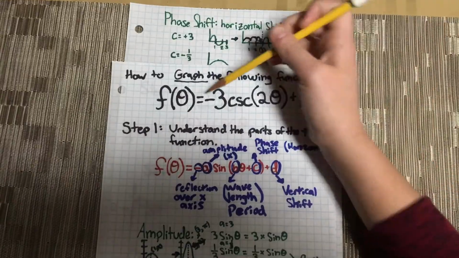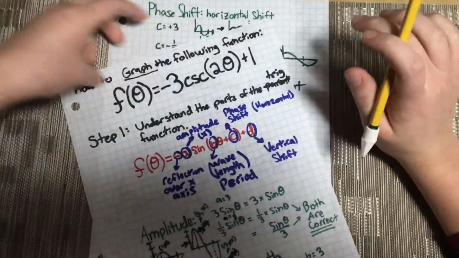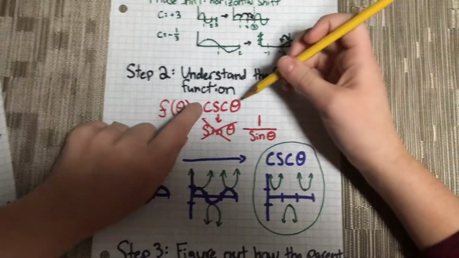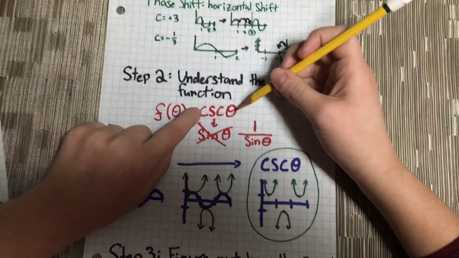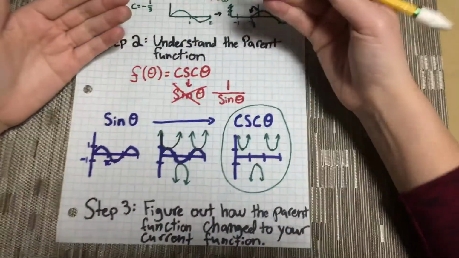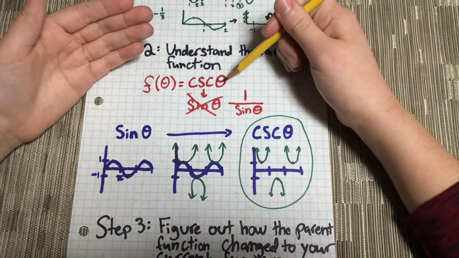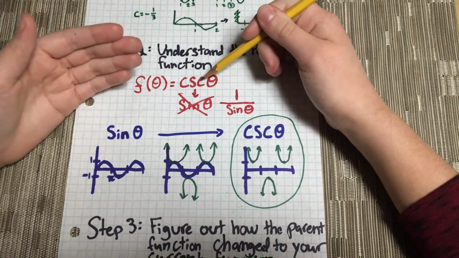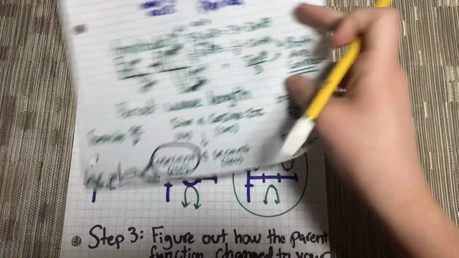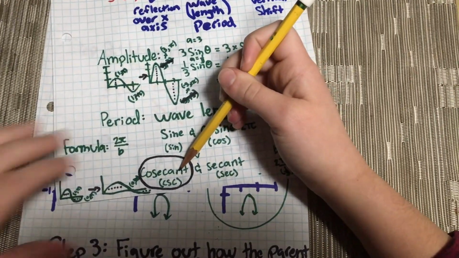This is very complicated, but if you just break it down, it's just a cosecant function. Now we need to understand how to graph this parent function. Remember I mentioned earlier that sine directly correlates to cosecant.